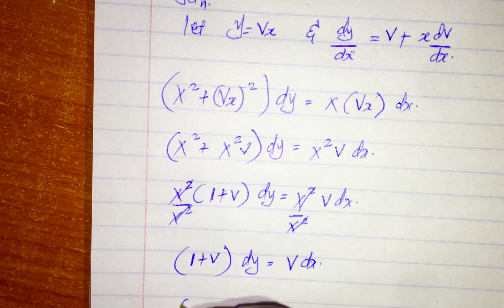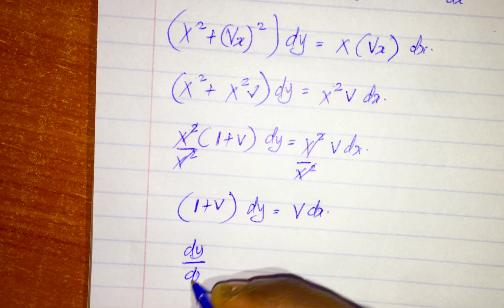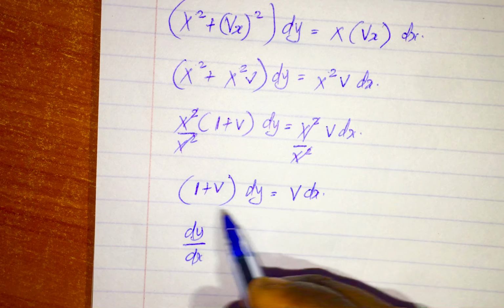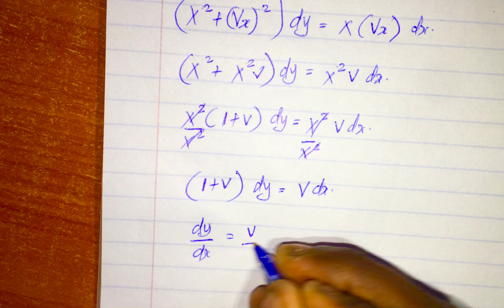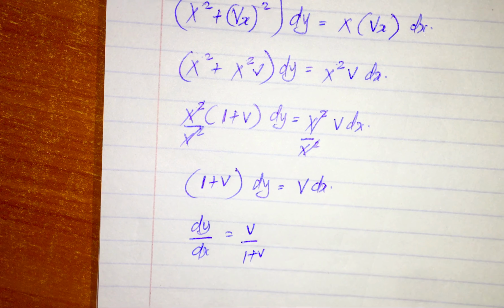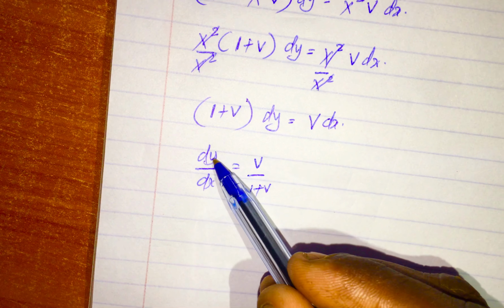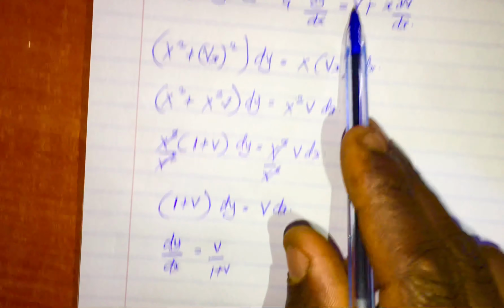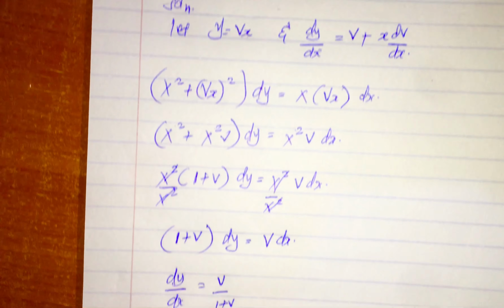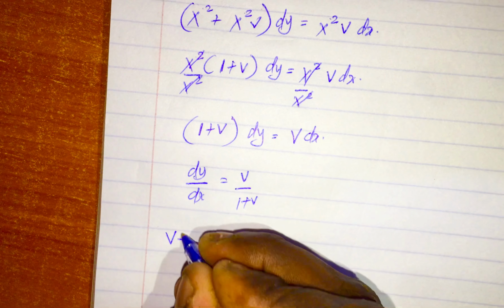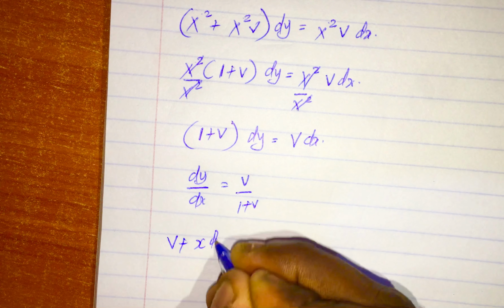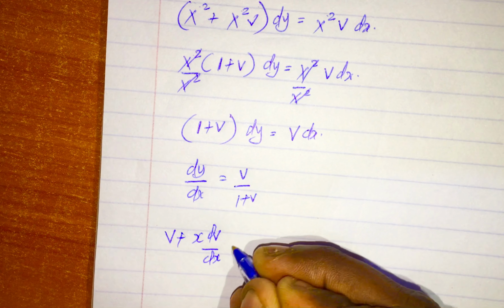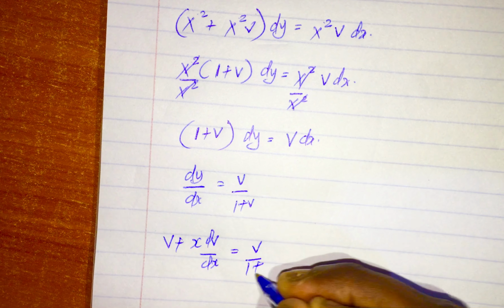Now dividing all through by dx, you have dy/dx equal to v over (1 plus v). Now you substitute the value of dy/dx by v plus x dv/dx. So v plus x dv/dx is equal to v over (1 plus v).